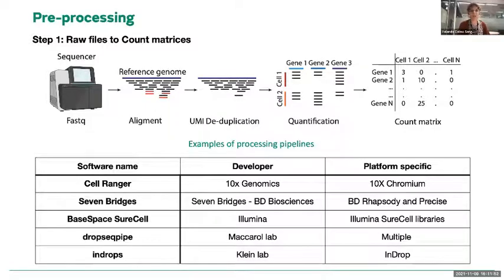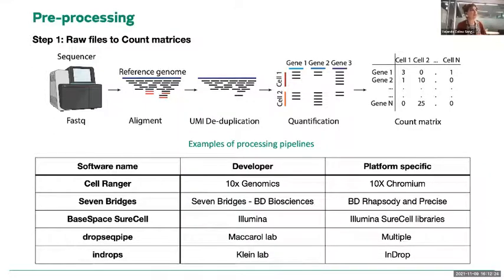For the Rhapsody platform, you have the Seven Bridges website option, which is much easier. You actually just upload your FASTQ file, and then you just click and drag your references and your parameters, and that gets sent to a cloud, and then you just get the output. And you don't need to know any bash or anything like that. That would be, for example, the easiest way to do it.